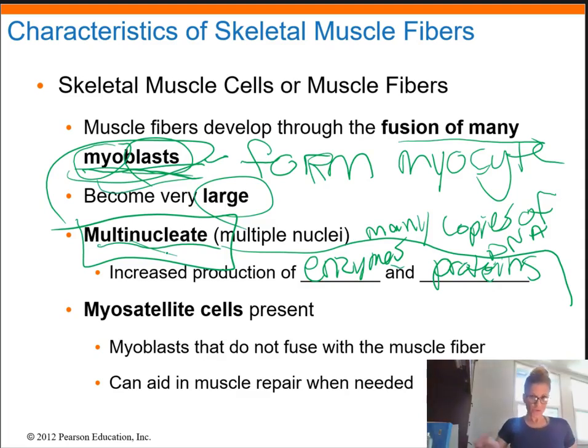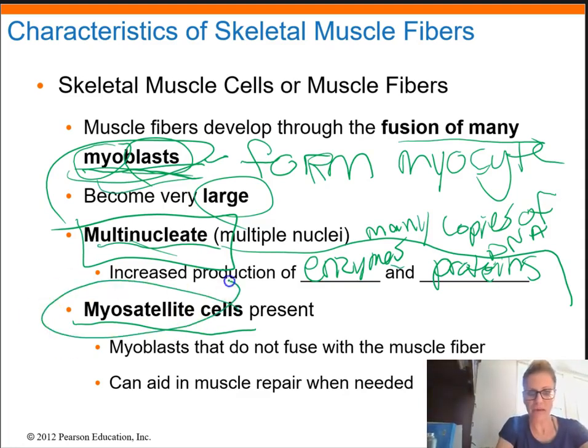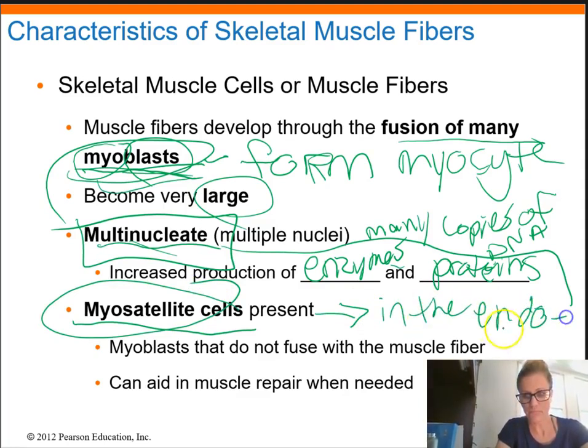Skeletal muscle cells or muscle fibers also have myosatellite cells present. We mentioned these when we talked about the endomysium, right? Remember, these myosatellite cells are stem cells that are present in the endomysium, which surrounds each individual muscle fiber.